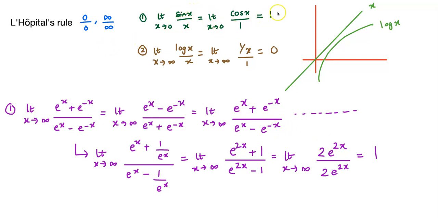Sin x over x can be easily evaluated to 1, log x over x is easily evaluated to 0, but sometimes there exist some functions that you may get stuck in an infinite loop if you just apply it blindly. So in those cases, I hope this video gives you an idea about some algebraic manipulations that you can do to quickly convert it into a form that converges.